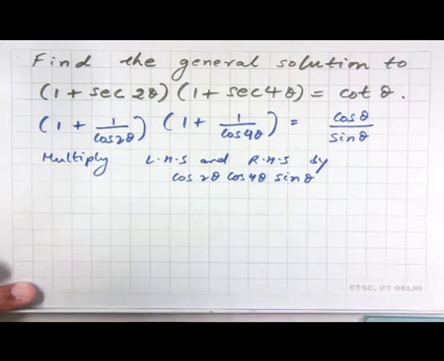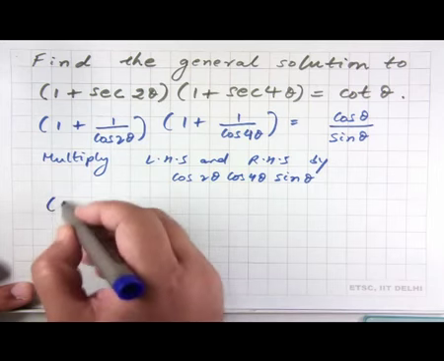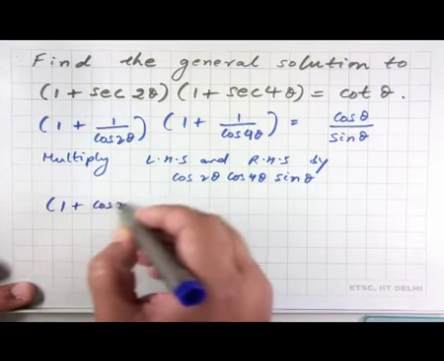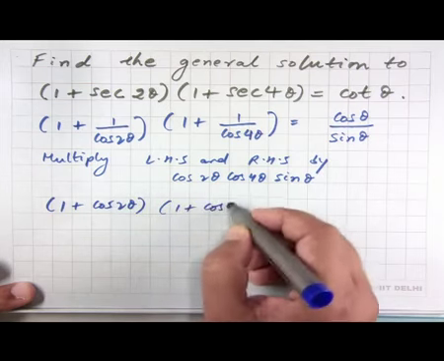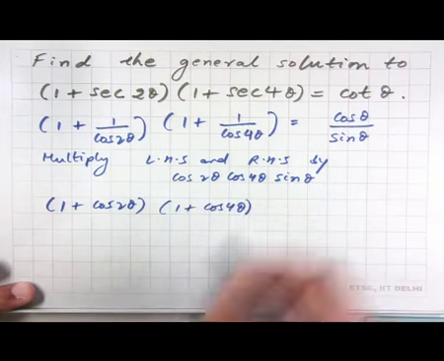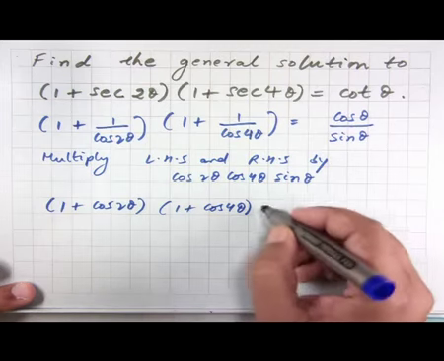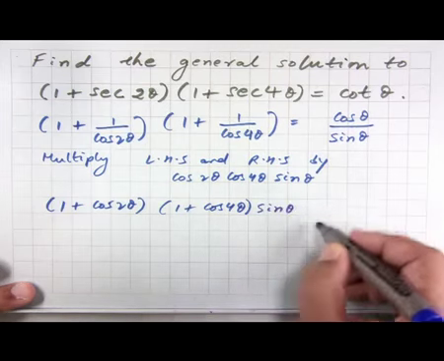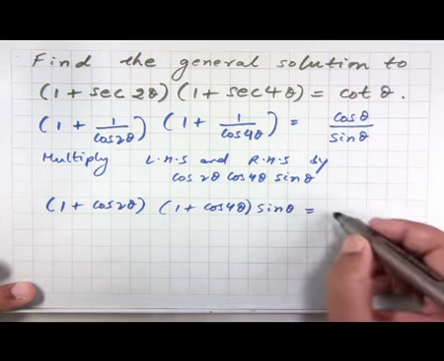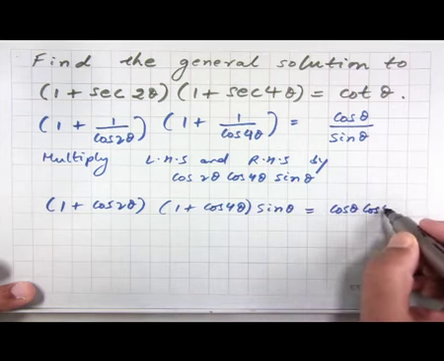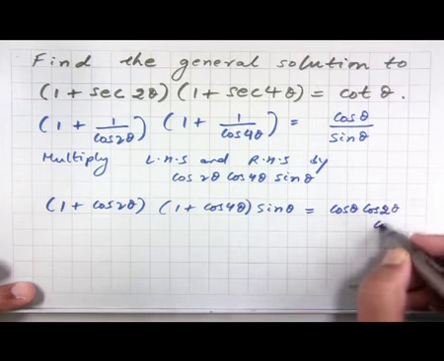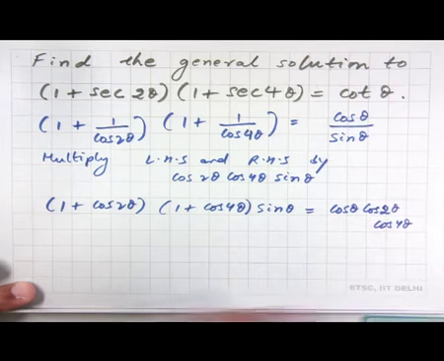So what we end up getting is (1 plus cos 2 theta) into (1 plus cos 4 theta) times sin theta equals cos theta into cos 2 theta into cos 4 theta.